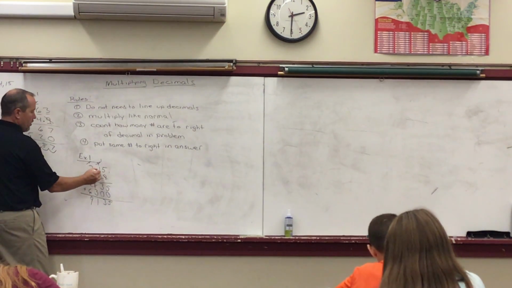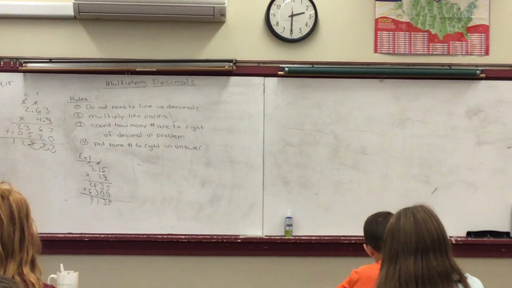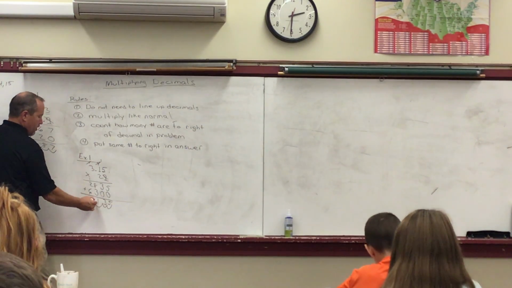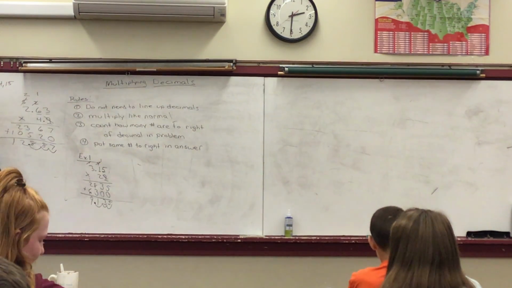Now we have 2 here and 1 there, so we have a total of 3 numbers to the right of the decimal in our problem. So we're going to put 3 numbers to the right of the decimal in our answer. So 1, 2, 3, and so our answer would be 9 and 135,000.